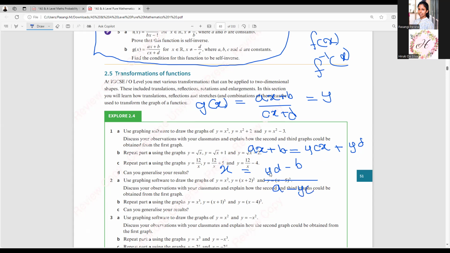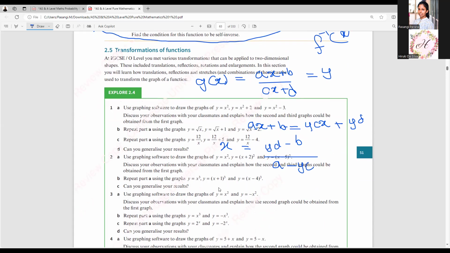Then I just replace x and y. So this becomes g inverse, not f. g inverse of x is equal to (xd minus b) over (a minus xc). That's what we have.